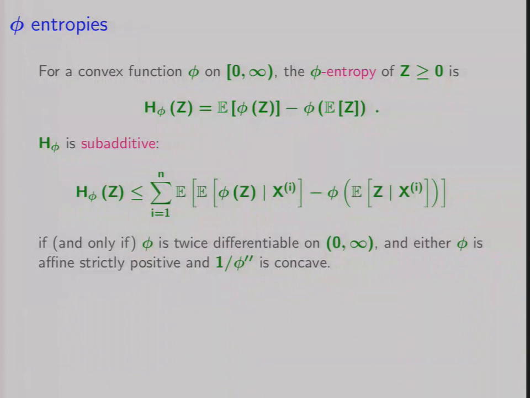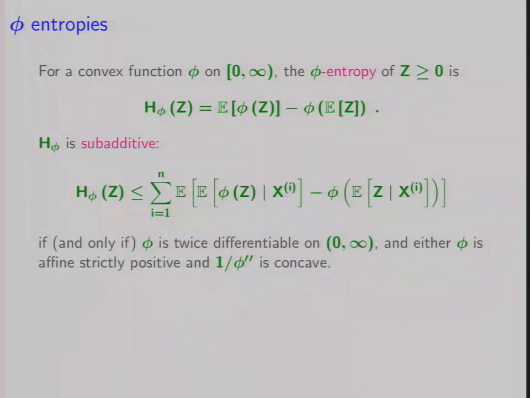So the expected value only with respect to the ith component of phi of Z minus phi of the expected value only with respect to the ith component of Z. Right? This is what we called the subadditivity of entropy.